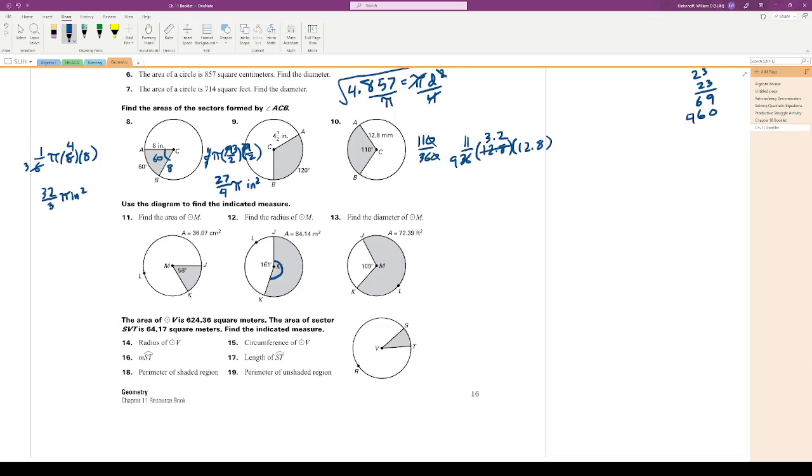Is that right? Yeah, to 199 degrees. So this is number 12, we would set up 199 out of 360 times pi r squared equals 84.14.